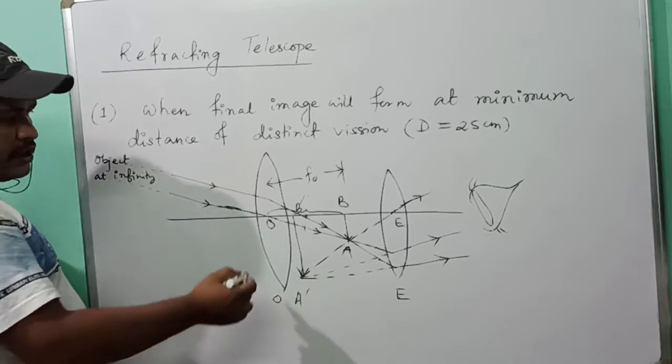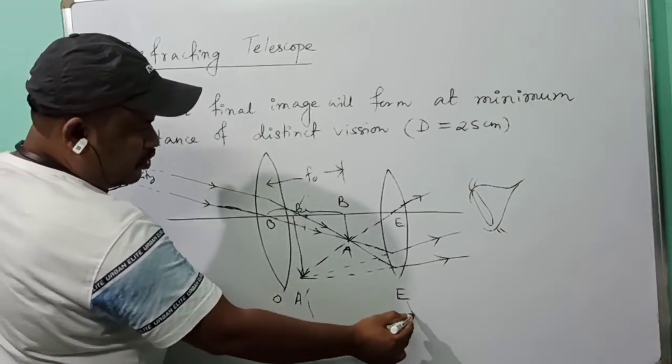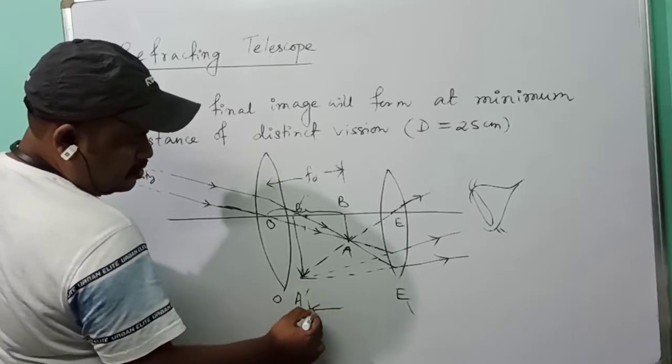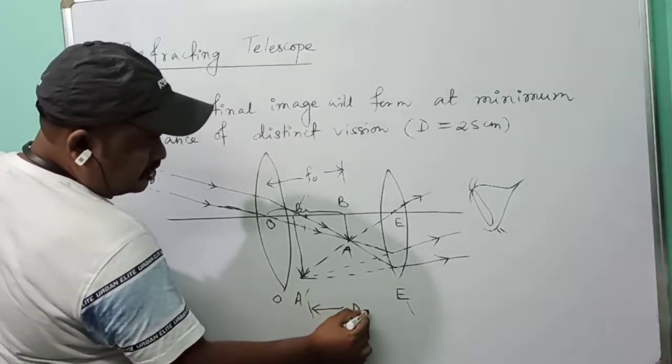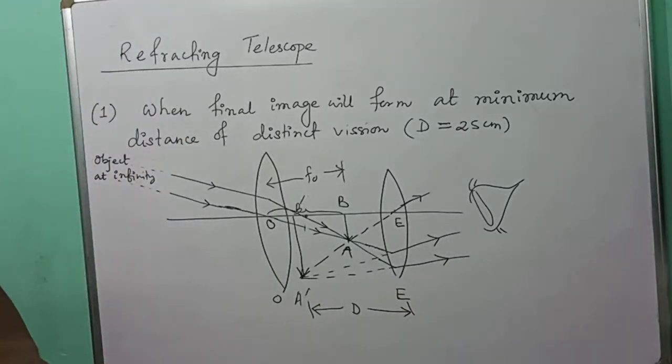This final image A dash B dash forms at the minimum distance of distinct vision, that is D, from the eyepiece lens.